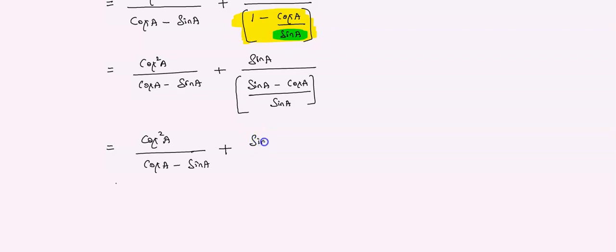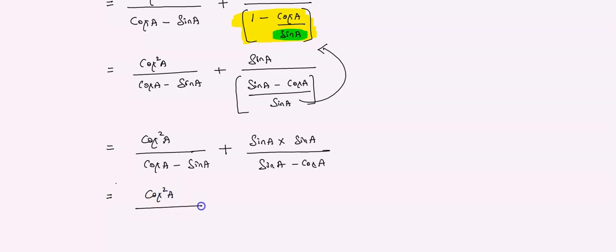It means that this sin A as it is, and this sin A, if it goes up, it becomes sin A divided by sin A minus cos A. Now what is left is cos square A by cos A minus sin A plus sin A into sin A, sin square A by sin A minus cos A.